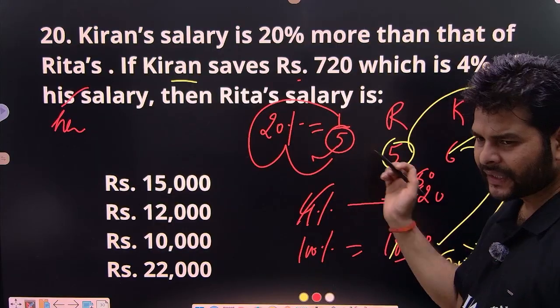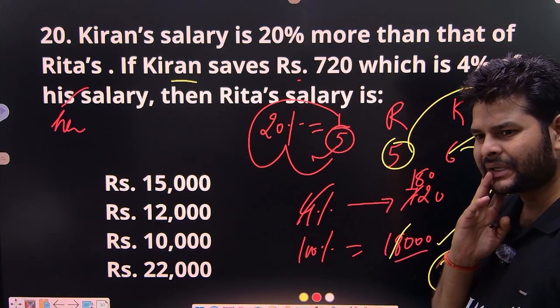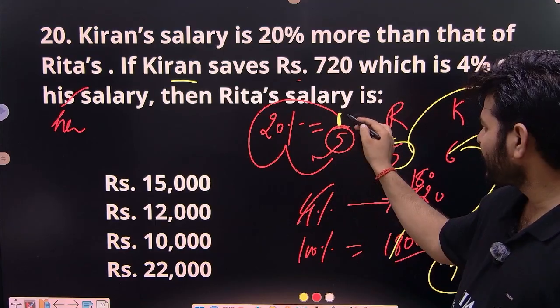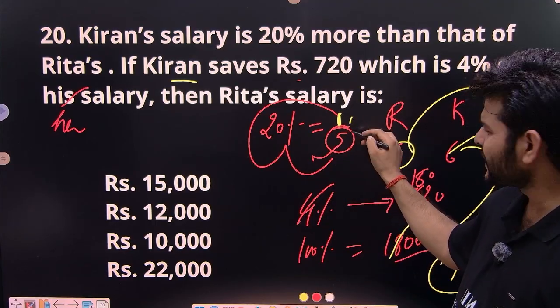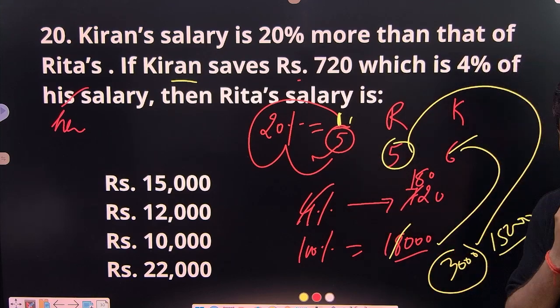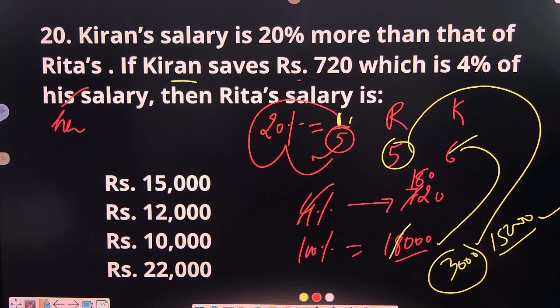Whatever is written in the denominator represents Rita, and the difference, addition or subtraction of 1 represents the salary of Kiran. We will discuss one theme a day.